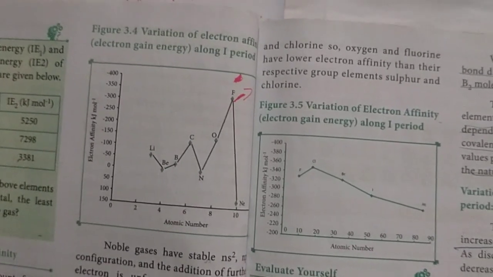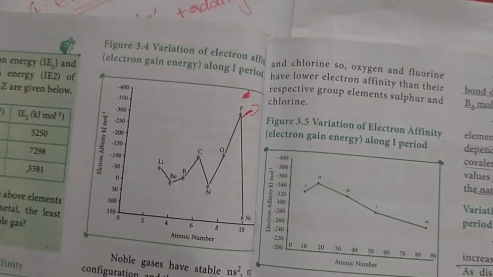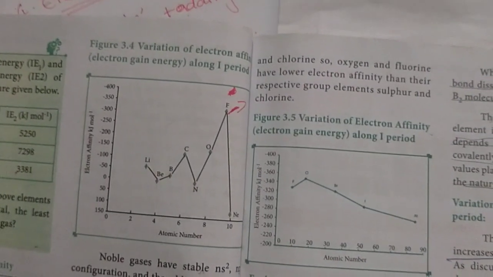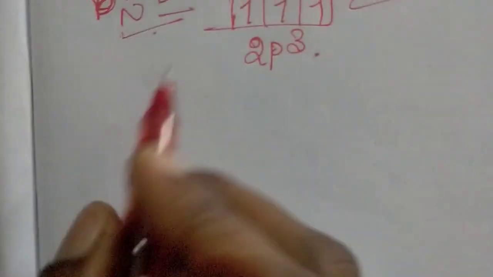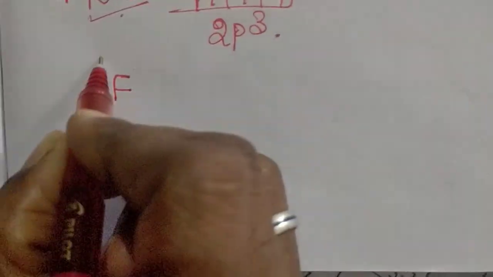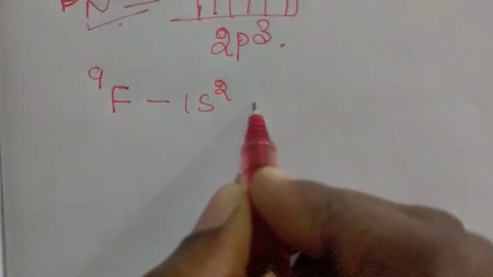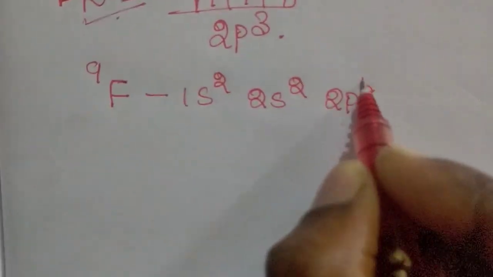That's why fluorine has higher electron affinity than any other element in a period. Look at fluorine. What is the atomic number of fluorine? 9. Electronic configuration 1s2, 2s2 and 2p5.